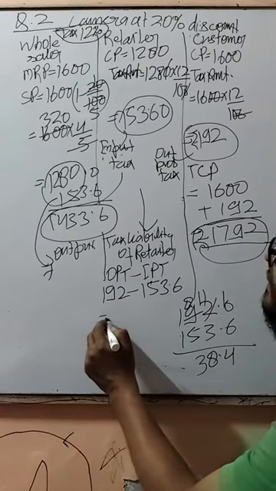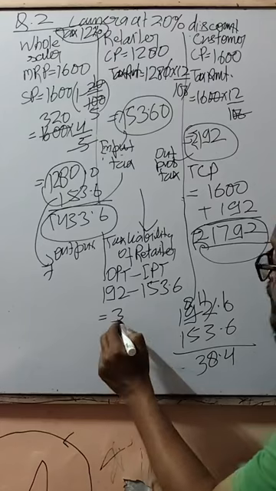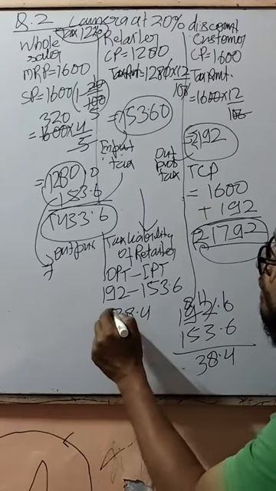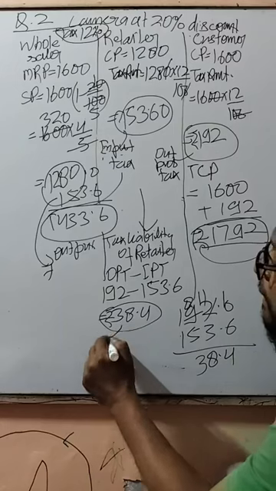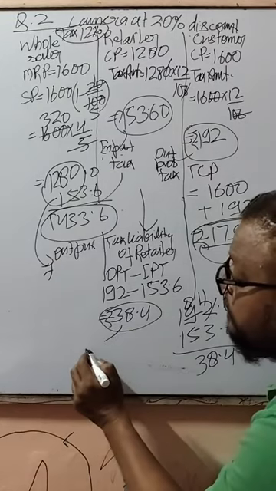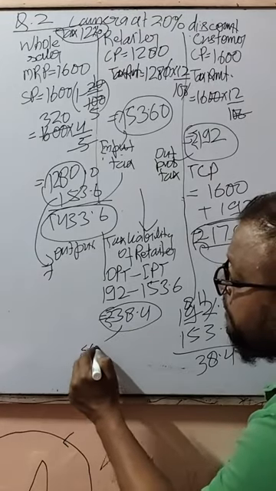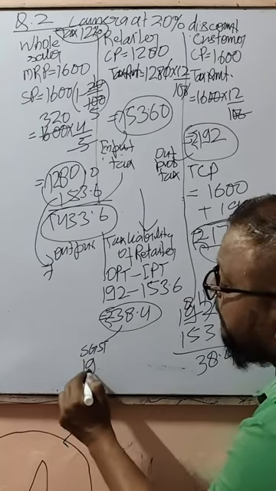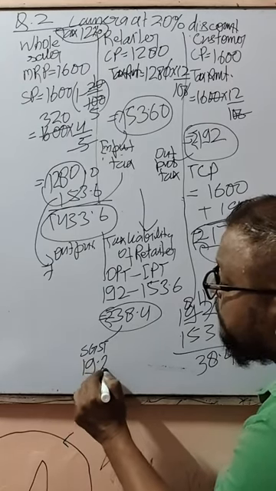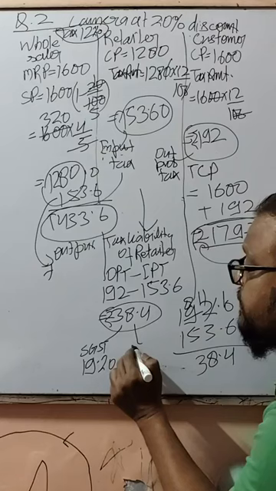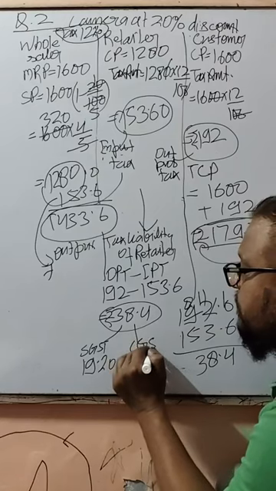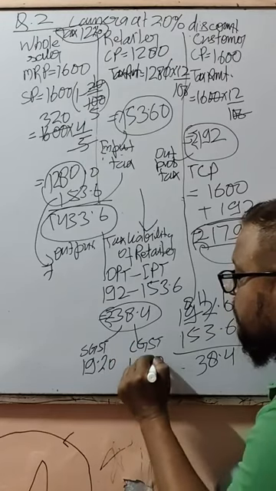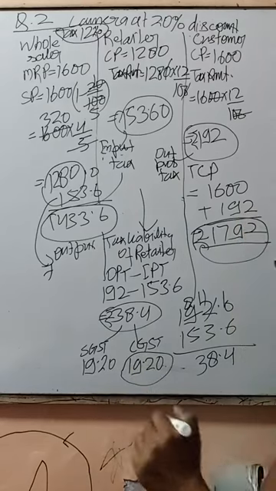So this is 38.4 rupees, and half of it, SGST is equal to 19.20, and this is CGST 19.20. What do you say?